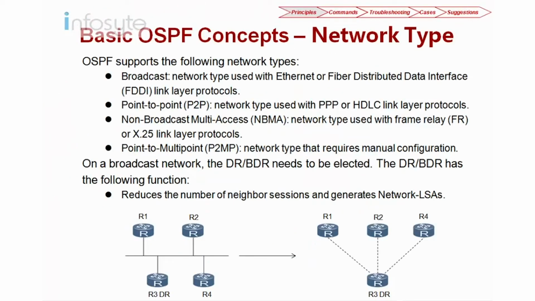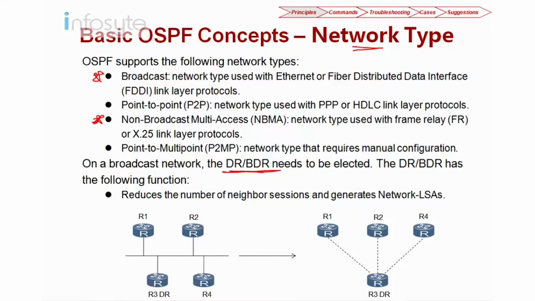Alright, let me come back to here. When we go into the network types, you need to know that within two network types, they do the DR/BDR election. So which two network types require a DR/BDR election? Only the broadcast and the non-broadcast multi-access.